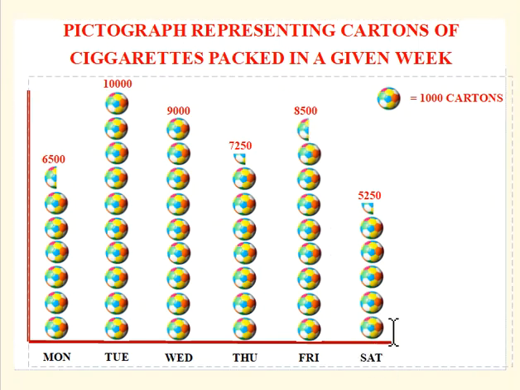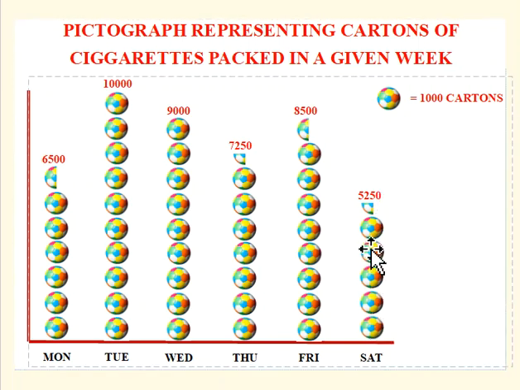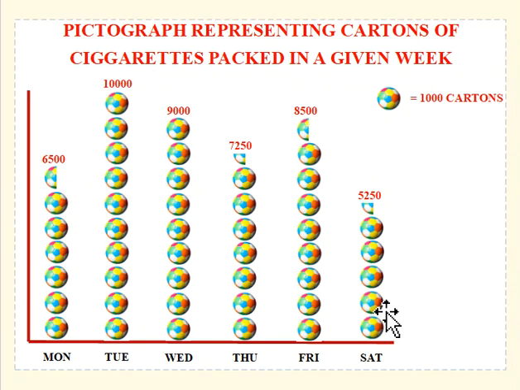And then on Saturday, the carton packing was 1, 2, 3, 4, 5, that is 5,250. Now, this is a representation of figures by picture. So we have these thousands being represented by a ball, a single ball, which is a picture, hence the pictograph.